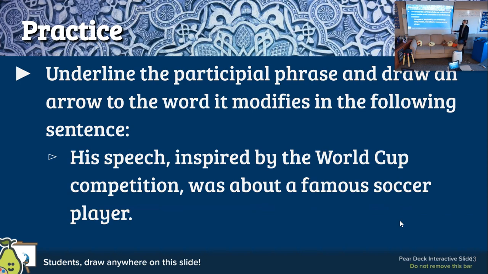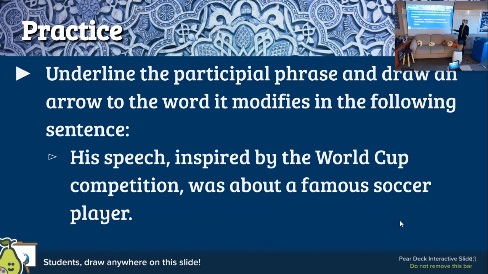Think about it. About. What could it be? Oh, I'll give you the first one. It's a preposition introducing our prepositional phrase about a famous soccer player. So we already have his speech was about a famous soccer player. They already have their functioning roles, right?